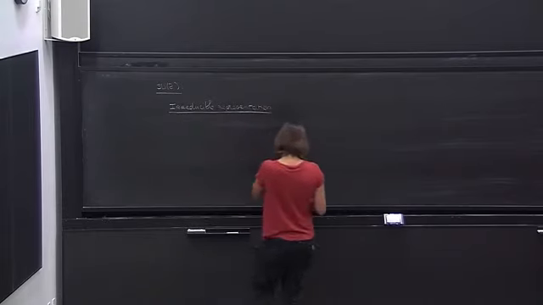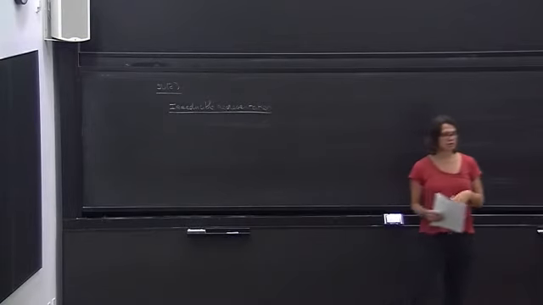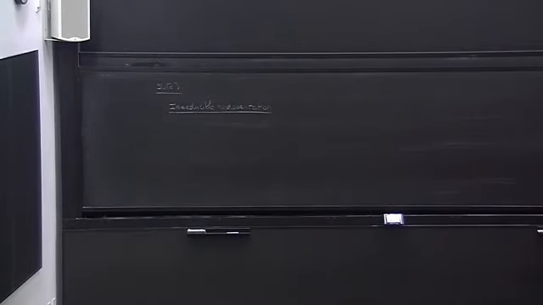First maybe I should specify that usually, at least in the physics literature, we use the term representation also for the representation space. So for the vector space on which we represent things, we also call that the representation.